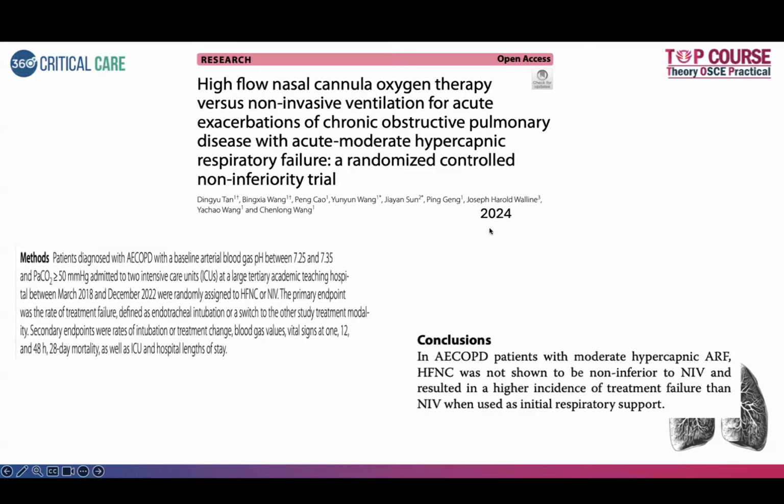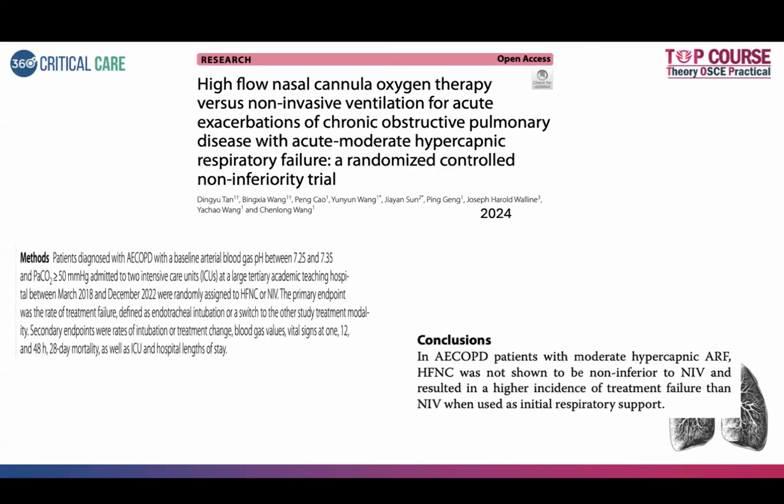This was the recent trial that came out in 2024. That is HFNC versus NIV for acute exacerbations of COPD with acute moderate hypercapnic respiratory failure. This was a very important trial because they showed that in AECOPD patients with moderate hypercapnic failure, HFNC was not non-inferior to NIV and resulted in a higher incidence of treatment failure than NIV when it was used as the initial respiratory support.